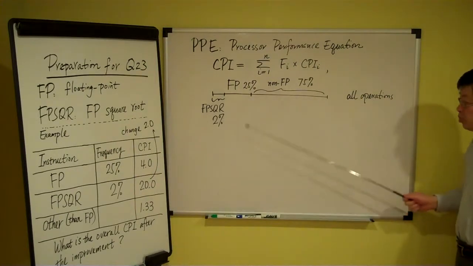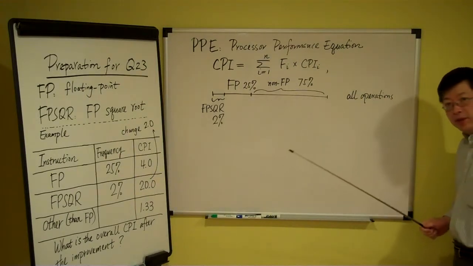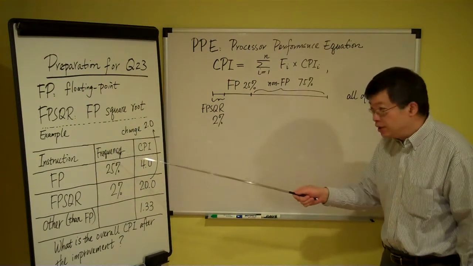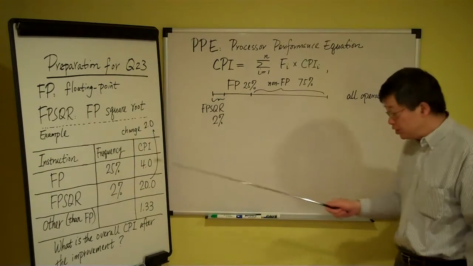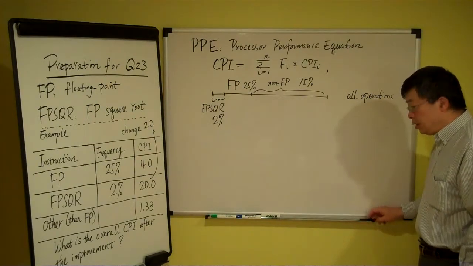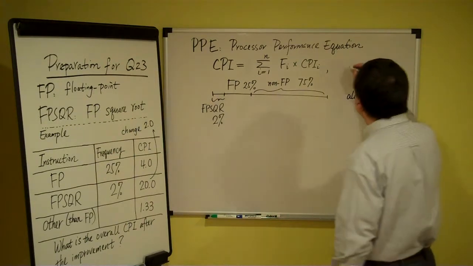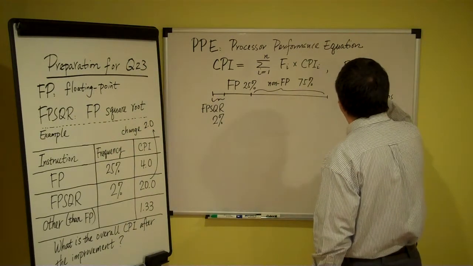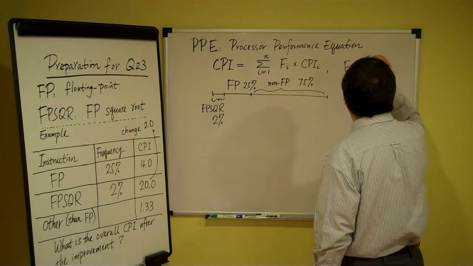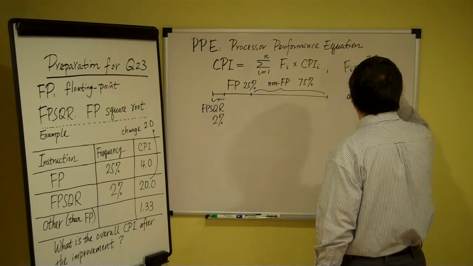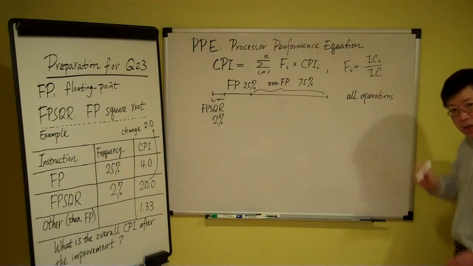Here I want to explain this 2% a little bit. Its frequency is 2%. So what's the definition of frequency? Remember, we learned the definition of the frequency: Fi equals ICi over ICo, instruction count.